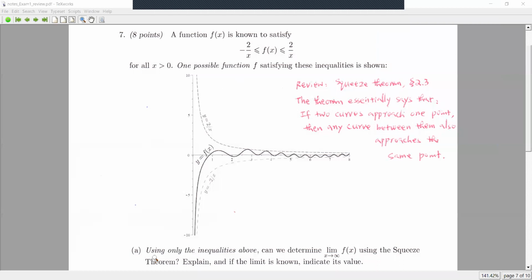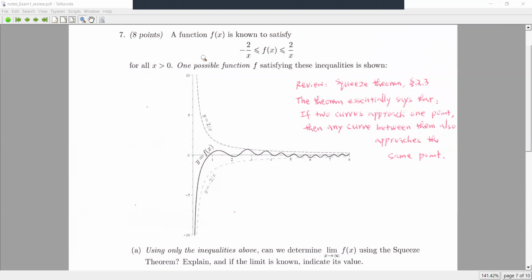Part A. Using only the inequalities above, that is, using these two inequalities, can we determine the limit of the function f as x approaches positive infinity by the squeeze theorem? The answer is yes.